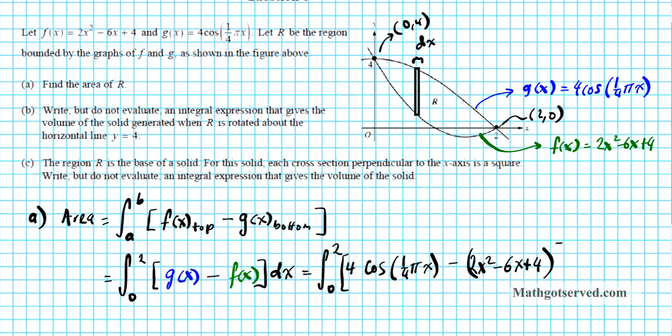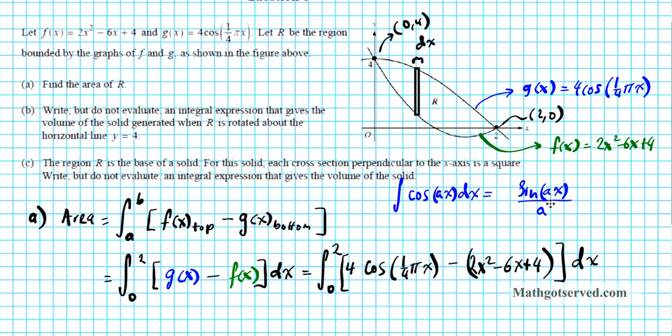Alright, now let's find the antiderivative here. Before I do that, let me quickly review some integration rules with you. The integral of, let's say, cosine ax dx. Do you know what that is? That is going to be sine ax. Using the u substitution, you're going to end up with the coefficient as a denominator. That's a shortcut you can use.